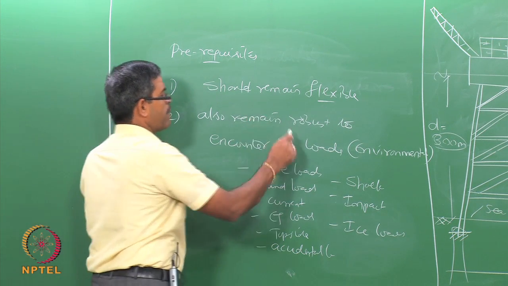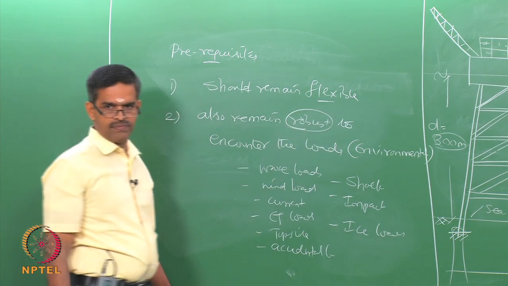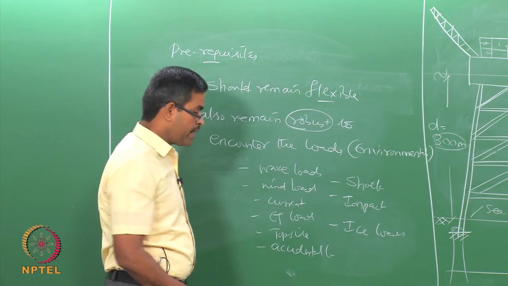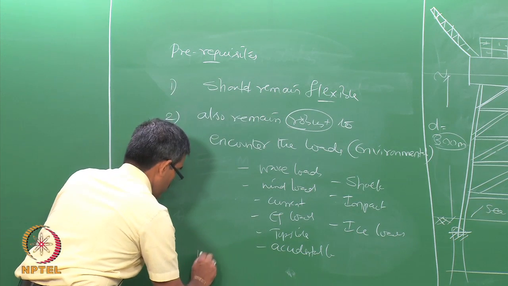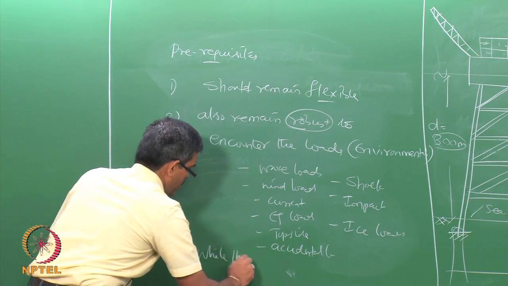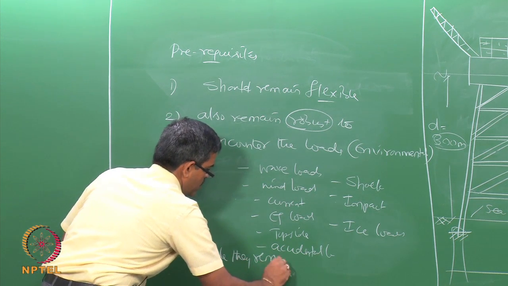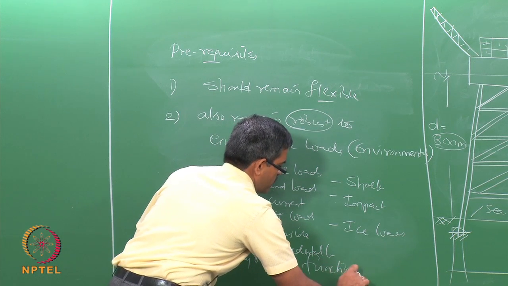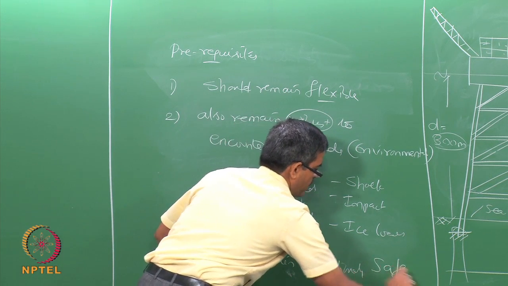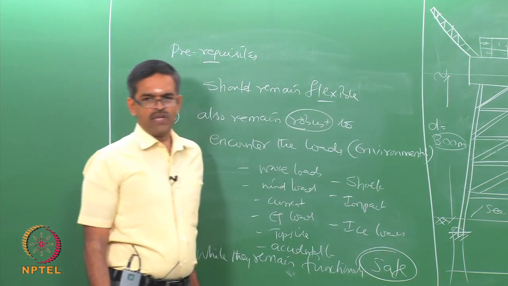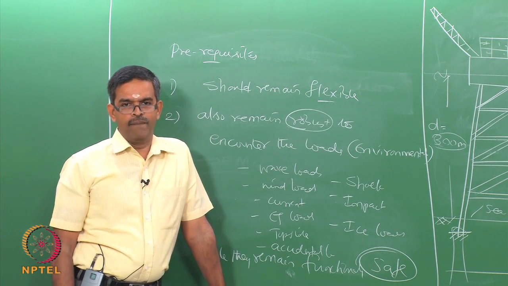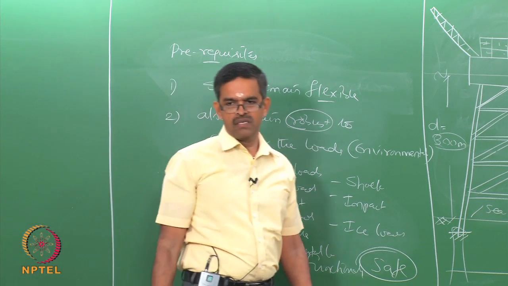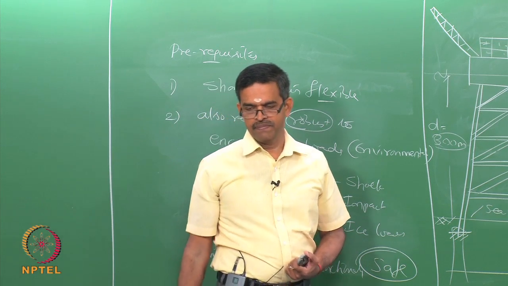The structure should remain robust to encounter these loads while they remain functionally safe. That is very, very important. Safety is a foremost issue here. So, functional safety becomes a key factor in offshore structural design.